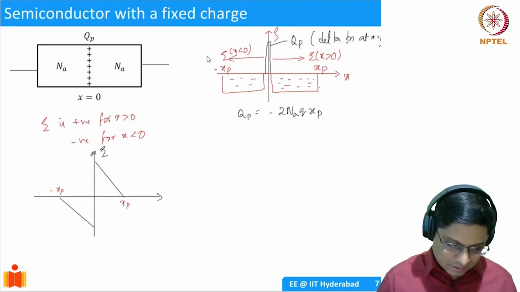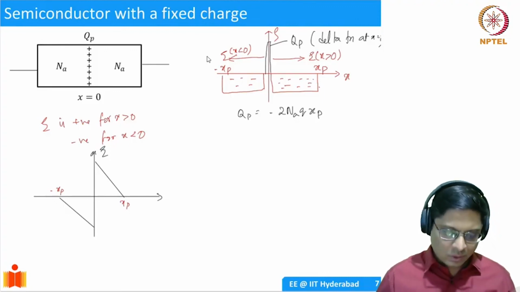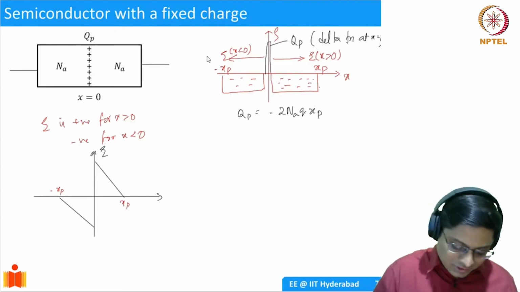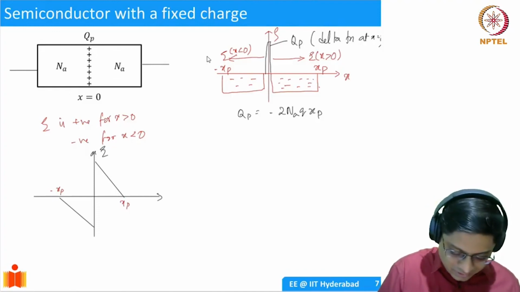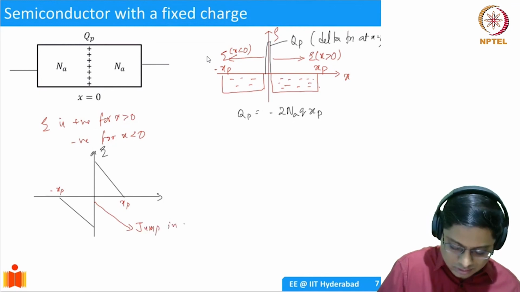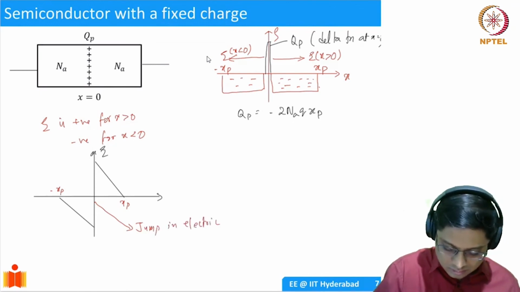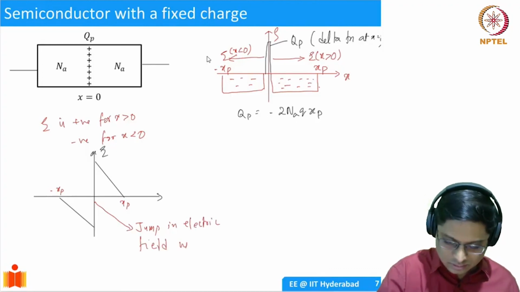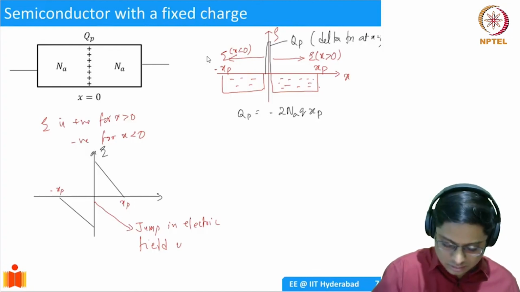And then, what is the jump? This jump here, right? This jump in electric field is due to fixed QP.